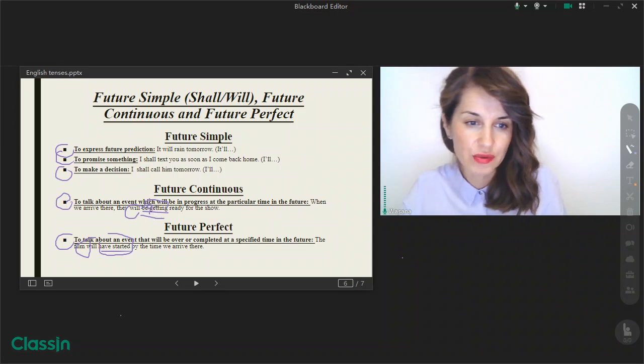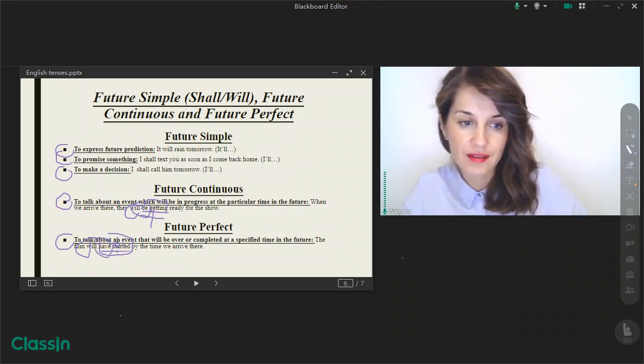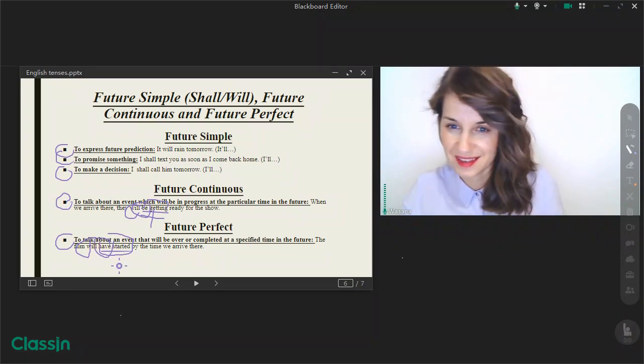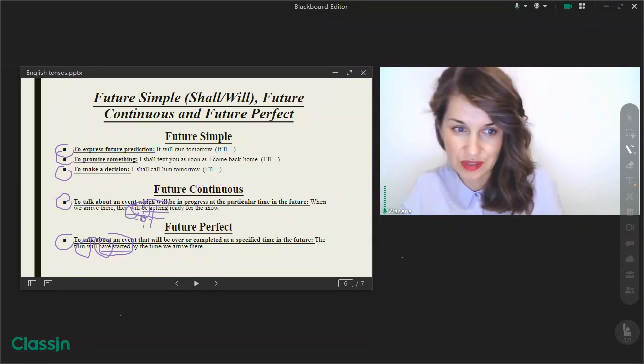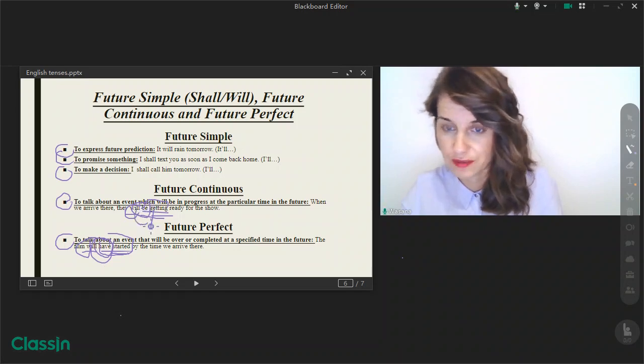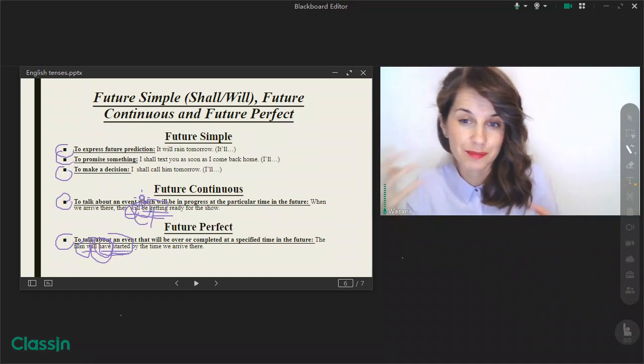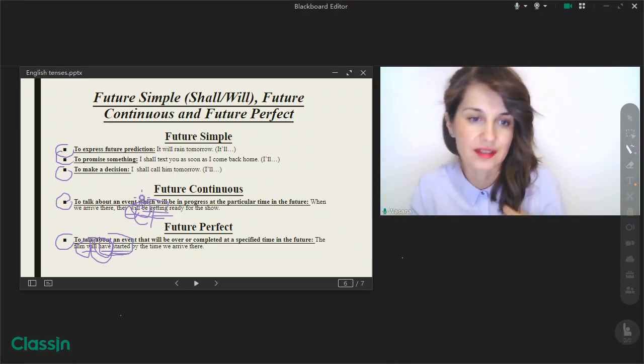Remember that for future continuous you always use be and the V-ing form, and for future perfect, have and the past participle, because between will and the gerund form, and between will and the past participle, you have to have some kind of filter. Let's make it easier to understand.